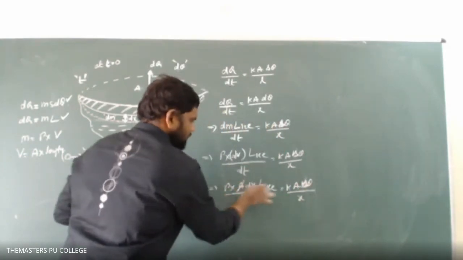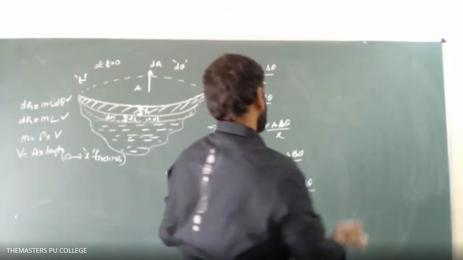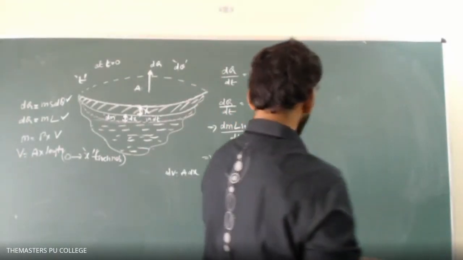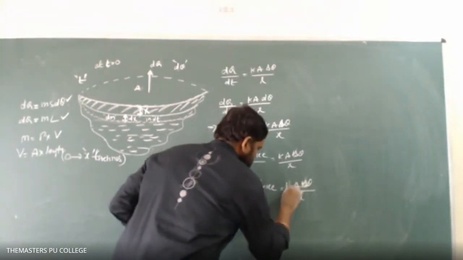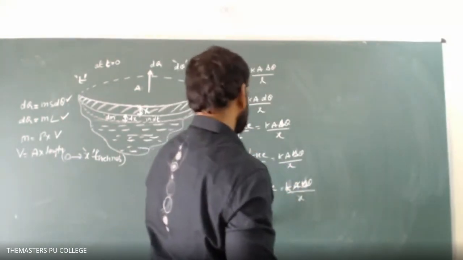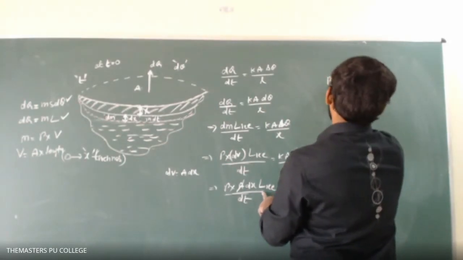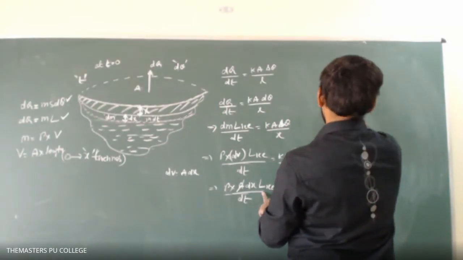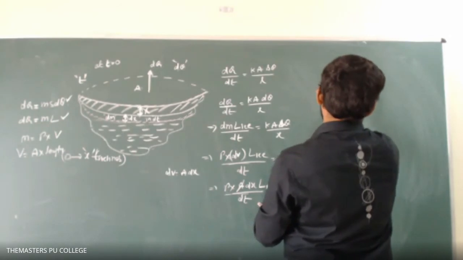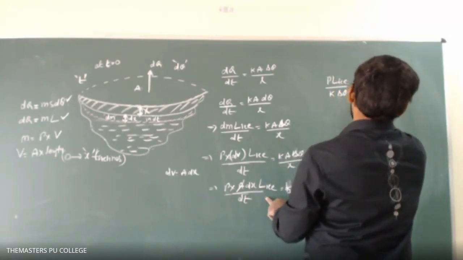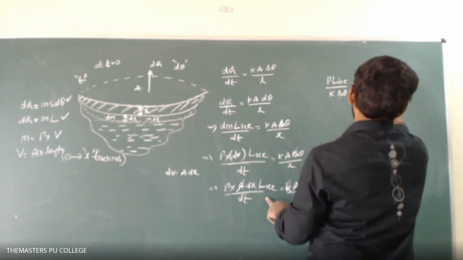So this A gets cancelled. If I rearrange the equation, I can write rho into latent heat of ice divided by K delta theta, into x dx, equals dt.